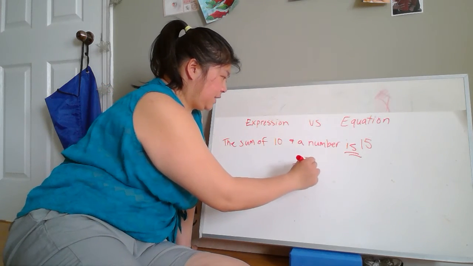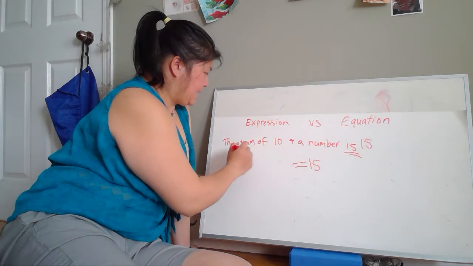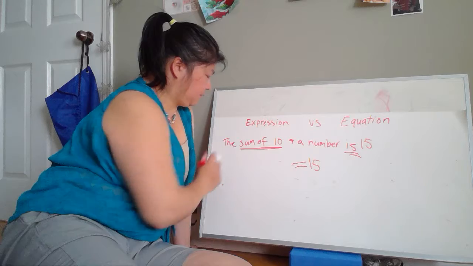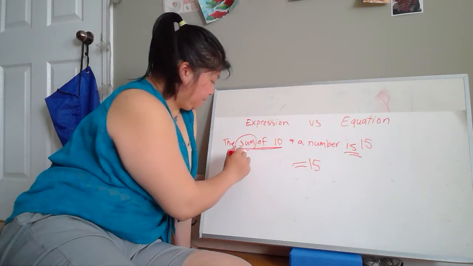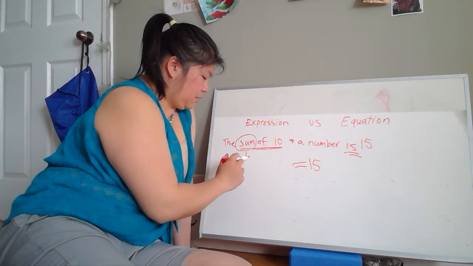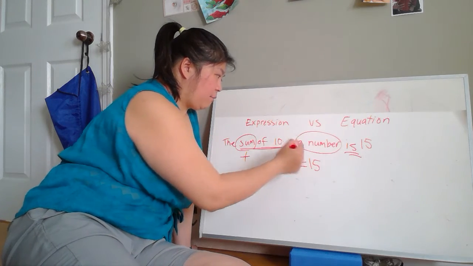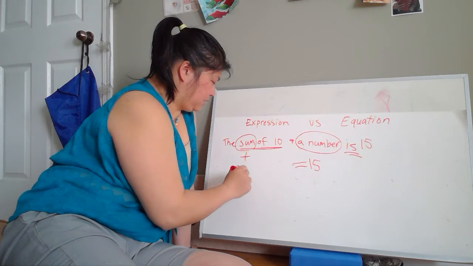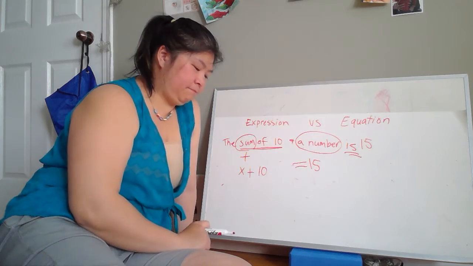The sum of 10 and a number. Sum meaning addition. A number is represented by a variable. So maybe x plus 10 equals 15.